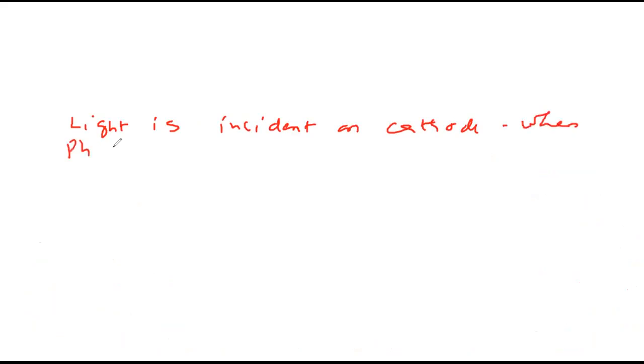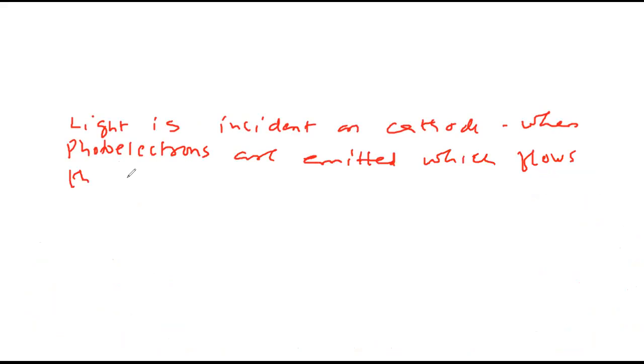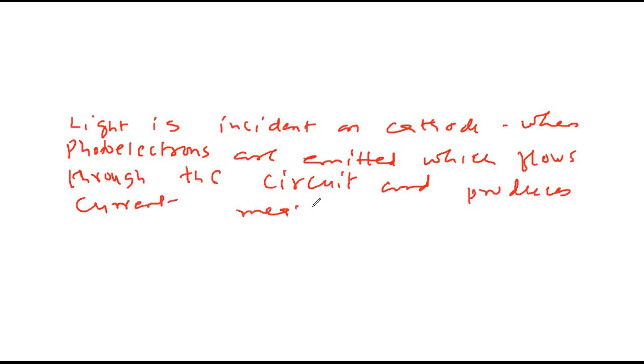When light is incident on the cathode, photoelectrons are emitted, which flow through the circuit and produce current measured by the ammeter.